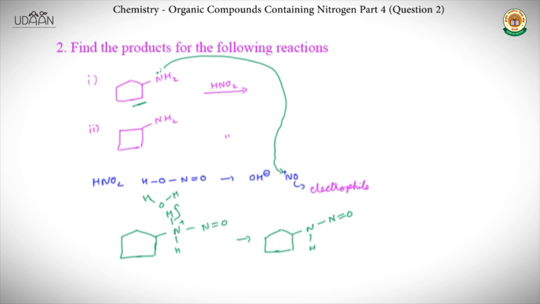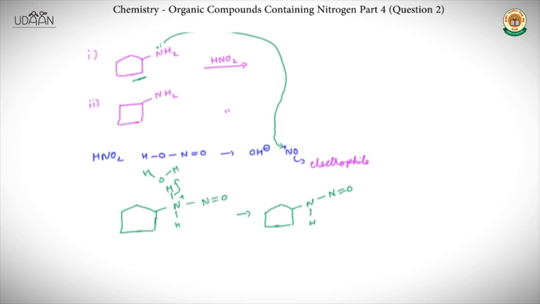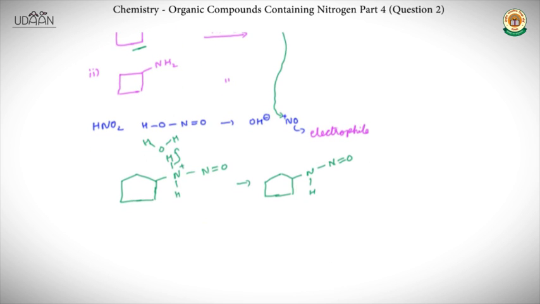Now what happens is, you have got H plus in the medium. This H plus attacks on this oxygen. Here you may ask me why can't it attack on this nitrogen?